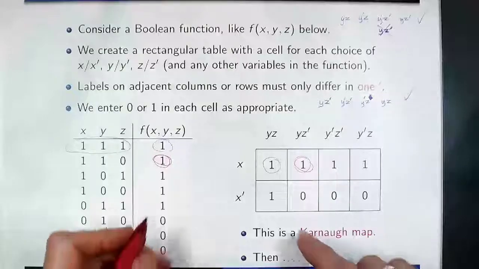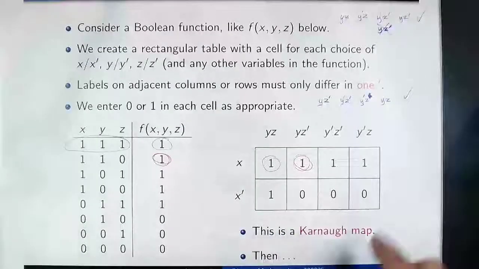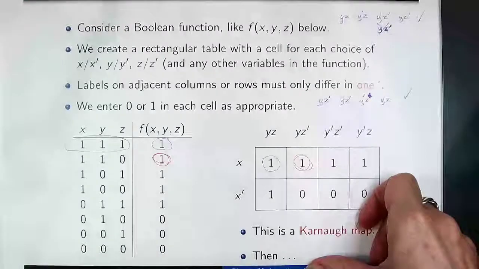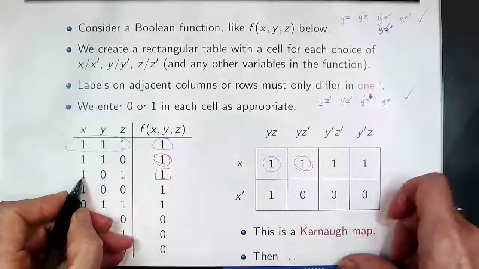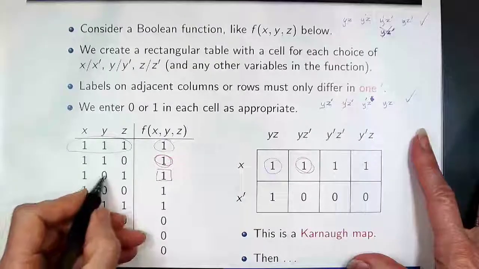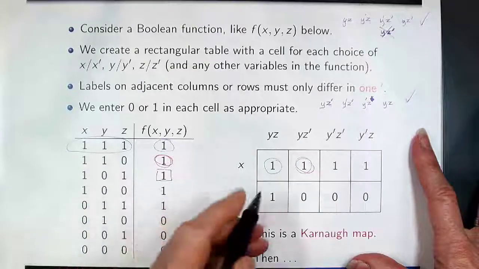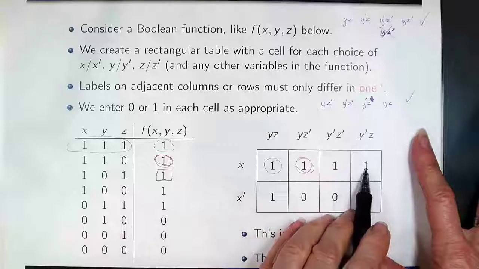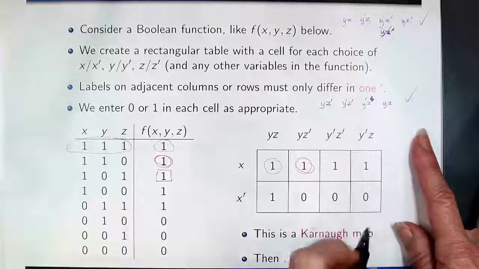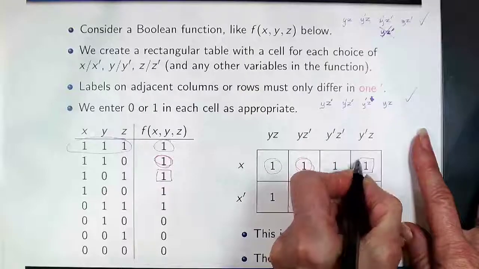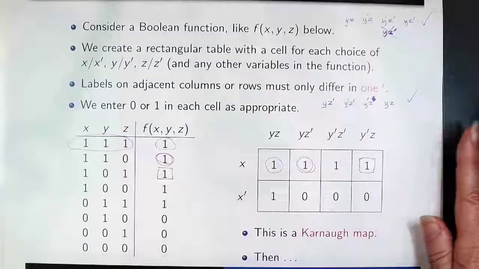Now, this one, let's have another colour. What about this one here? We've got X, not Y, Z. X, Y dash Z, that's that one there, isn't it? Okay, so that one went there.